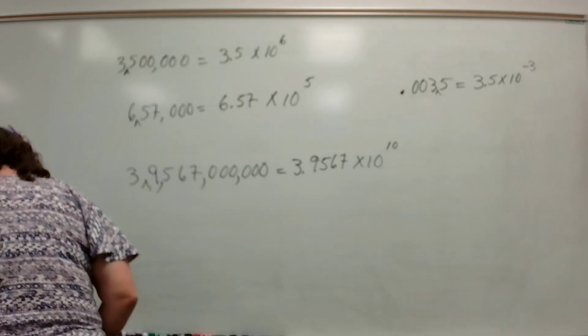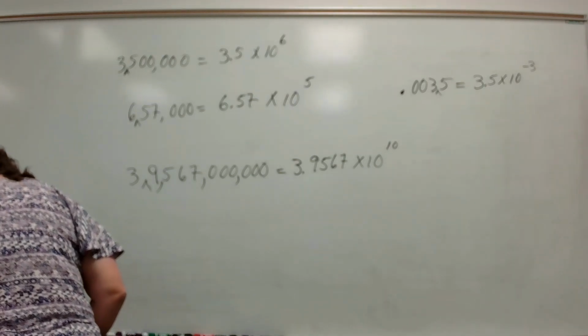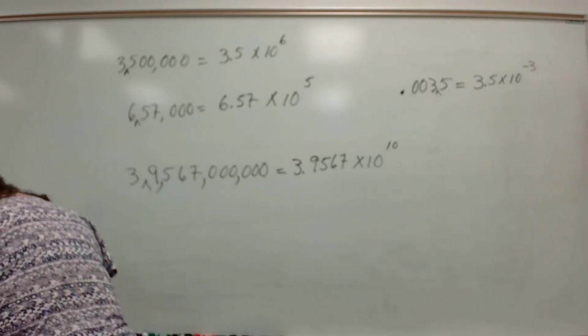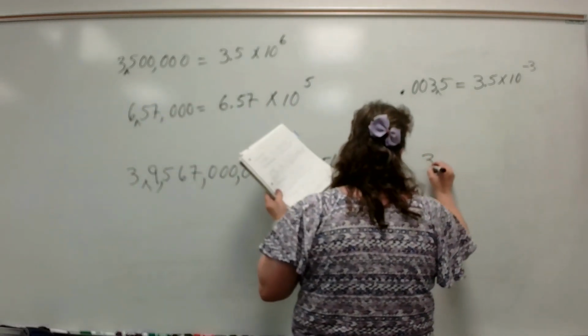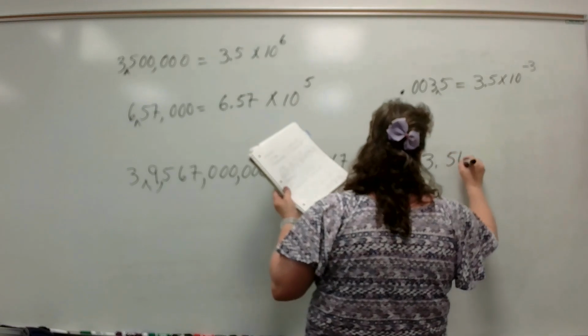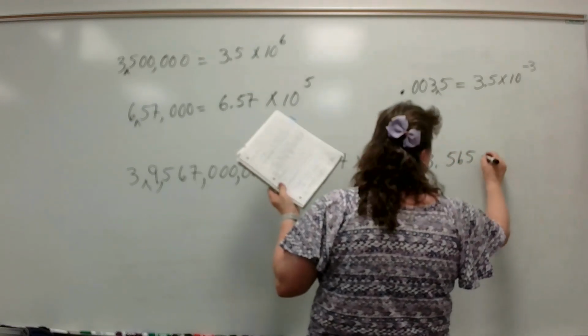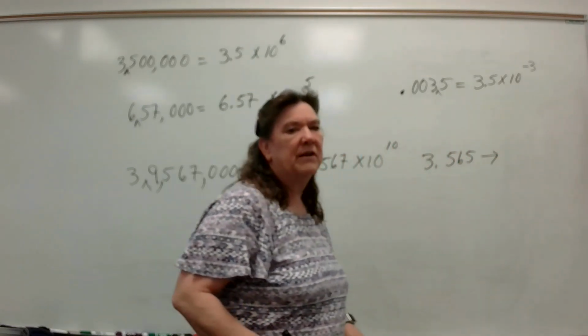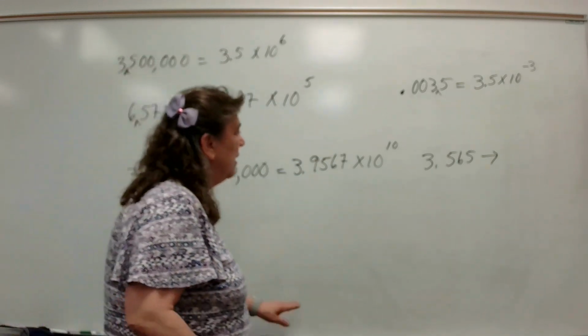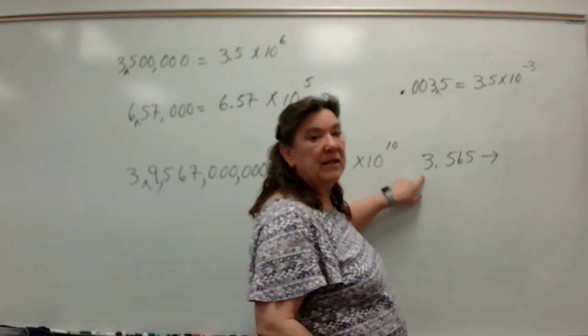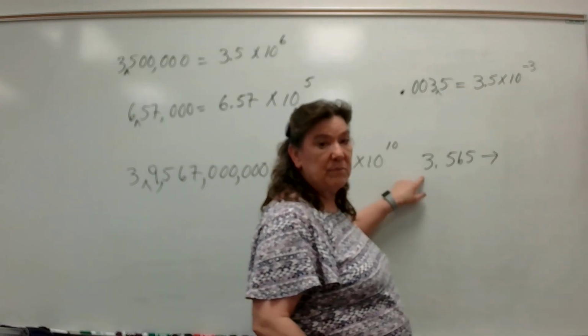Now we're going to look at changing it the other way. Okay? Oh, one more, there's another one that I want to put up here. It's a unique case, 3.565. If we were to write that in scientific notation, what would it be? Well, let's see. It already has one significant digit to the left of the decimal point.